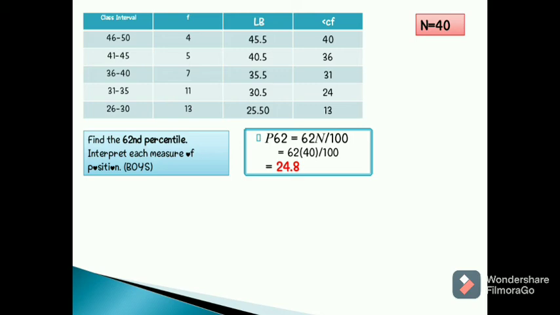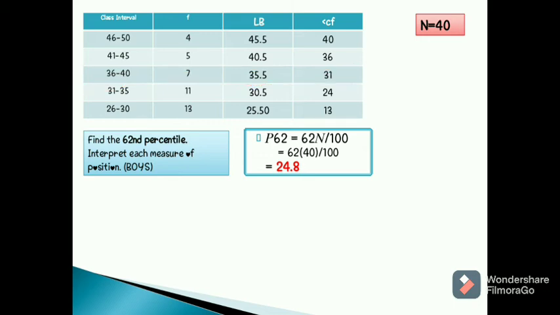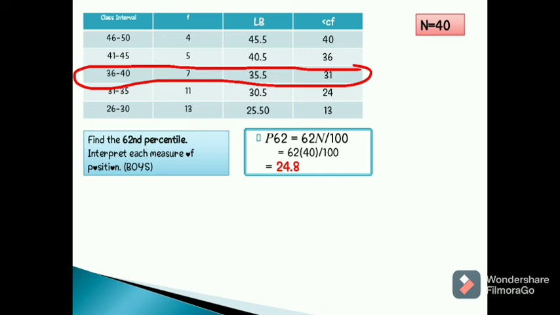So it belongs to our third class. So we have already our data for our formula. We can now solve for our percentile 62.